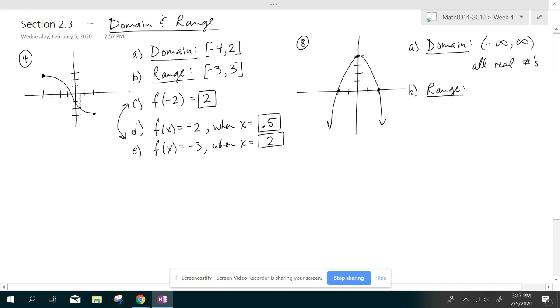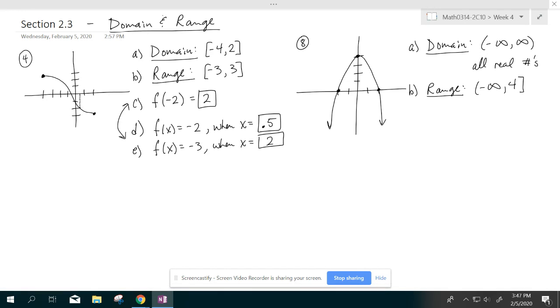Is the range also all real numbers? No. It's negative infinity, it's 4. And what symbol should that 4 get? Bracket. Now, did y'all hear me say that the range has to go from bottom to top?